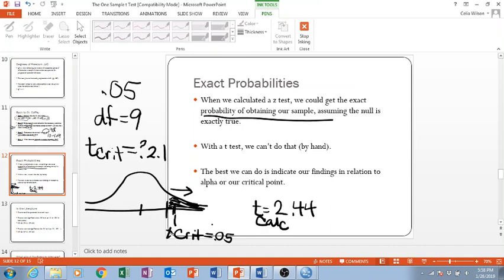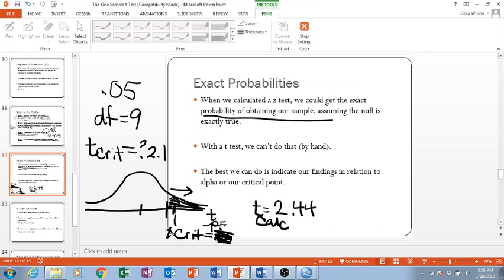All right? Well, this t critical, that's not a probability, is it? That's like a z-value. That's our test statistic. And so it's very easy to get confused. You can think of this as almost having a dual function. So these are t values, but every t value has a corresponding probability.